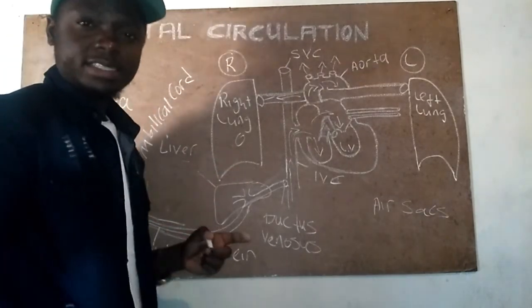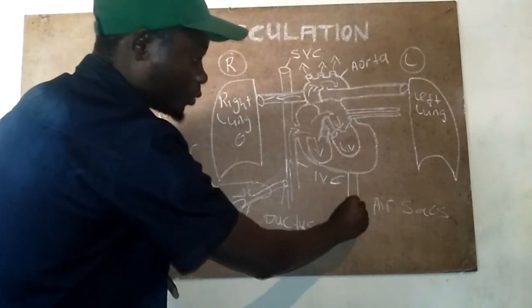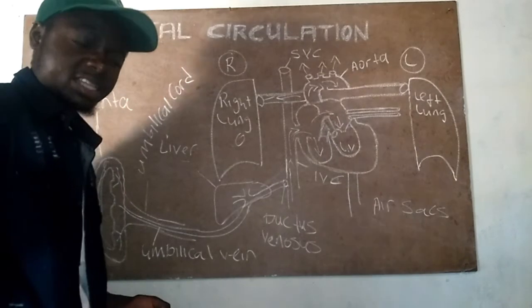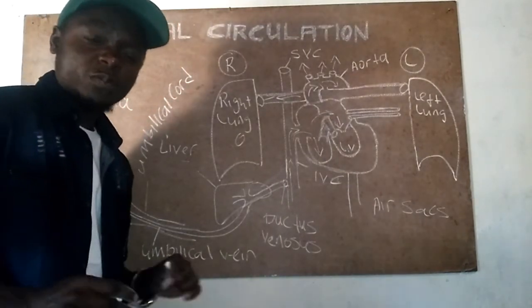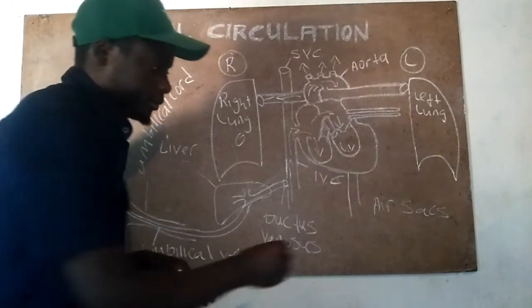And the last thing I want to mention is where the aorta will bifurcate into two main arteries. There is going to be the iliac arteries, and from there, two iliac arteries, we are going to get two umbilical arteries.